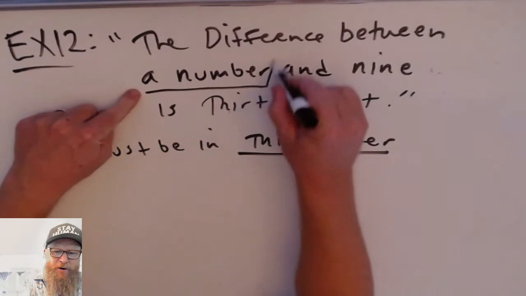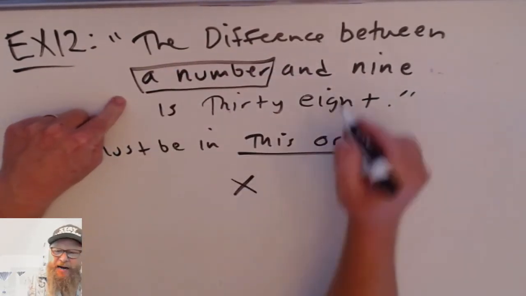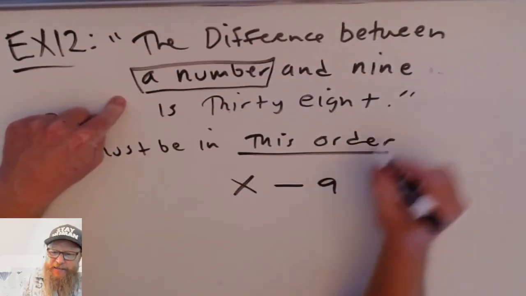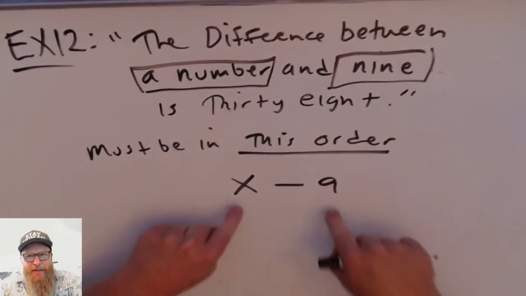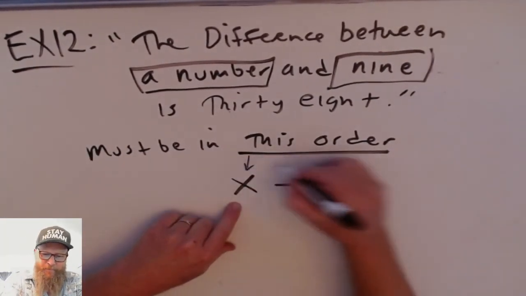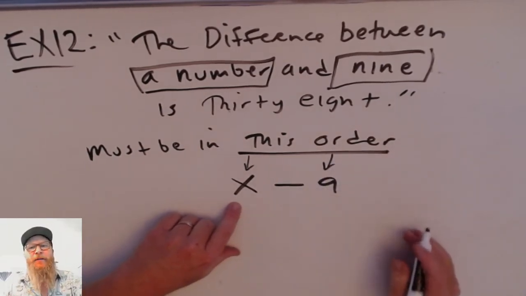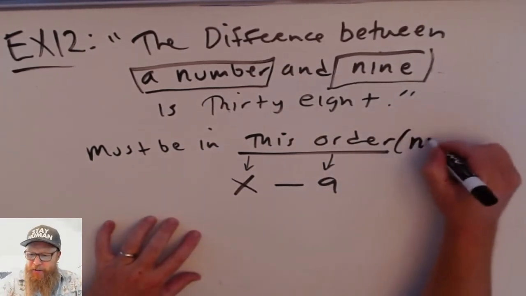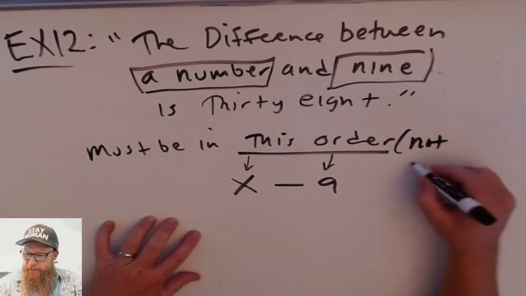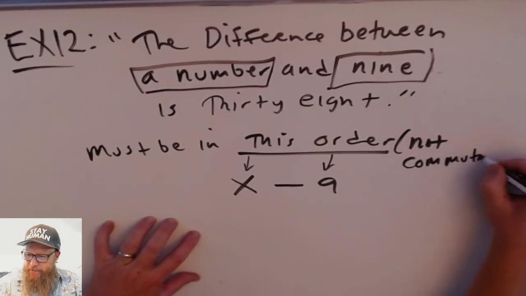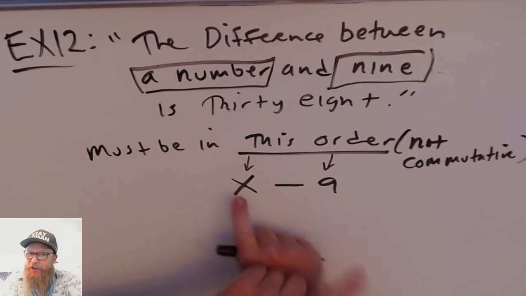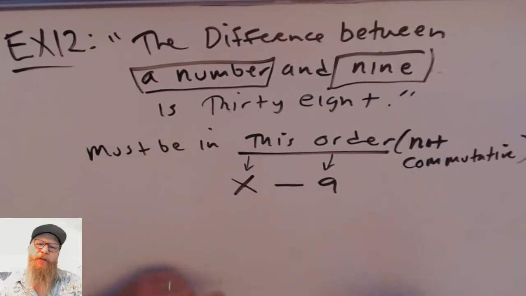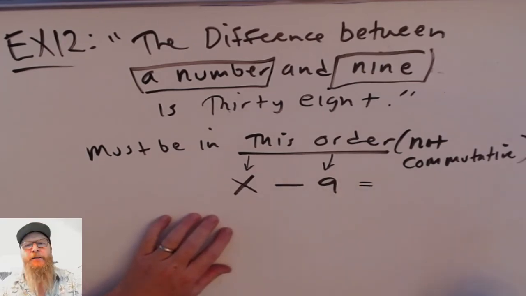A number goes first, and 9 must go second. It must be in this order, because subtraction is non-commutative. So if you write it backwards and it's subtraction, you will always get the wrong answer every single time. There's not one instance where it works both ways.